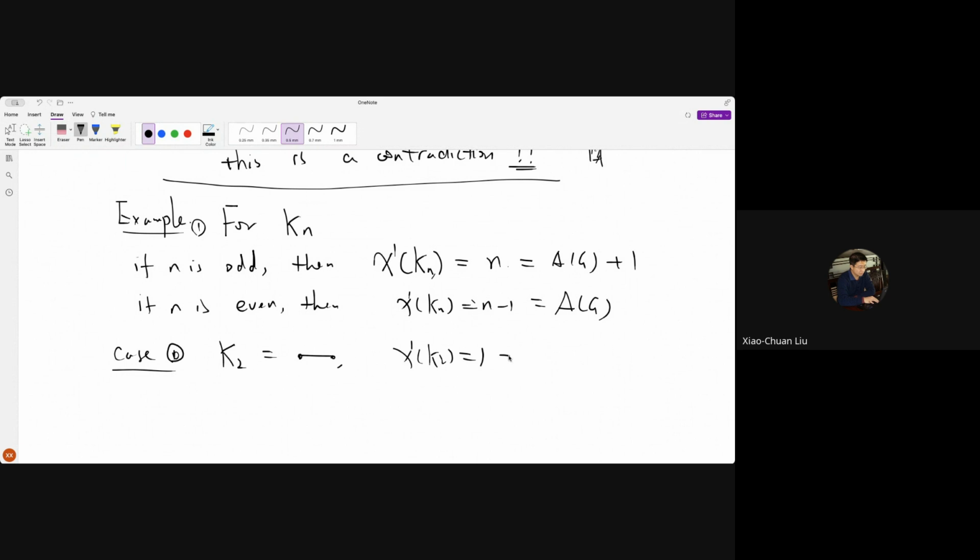Okay, so it equals delta of G. It's even, so maybe I got it confused.